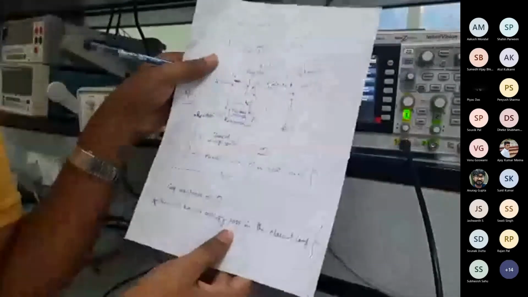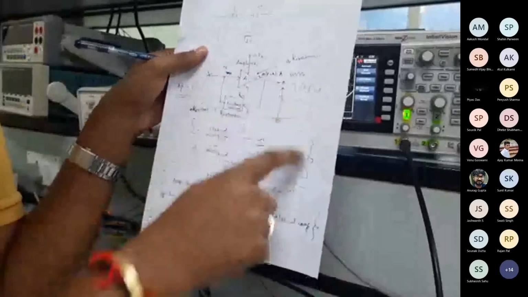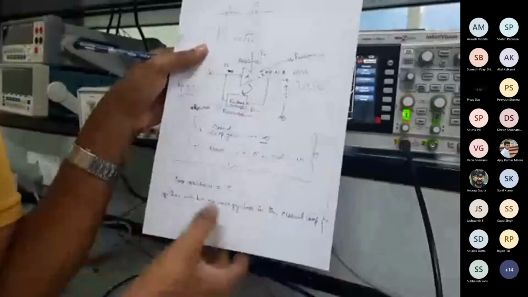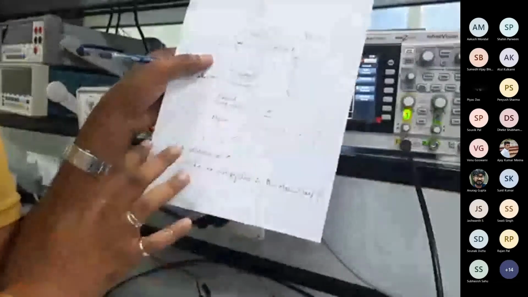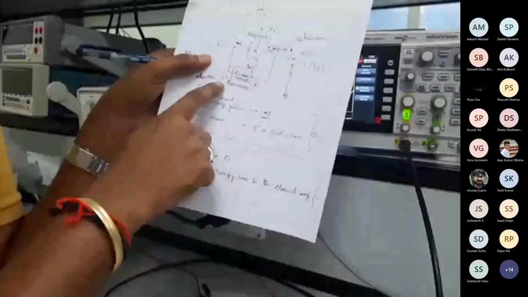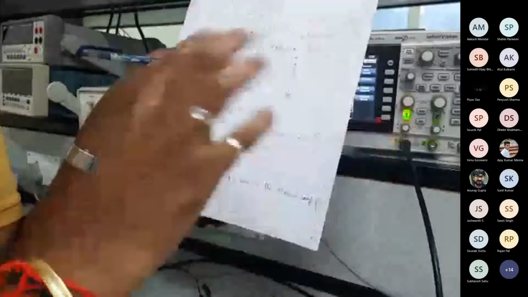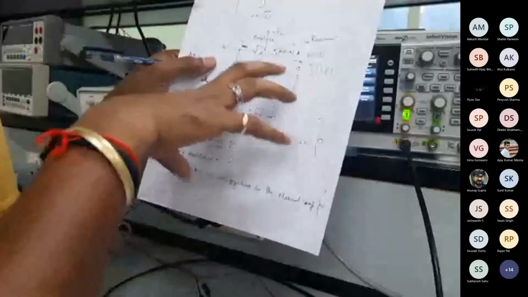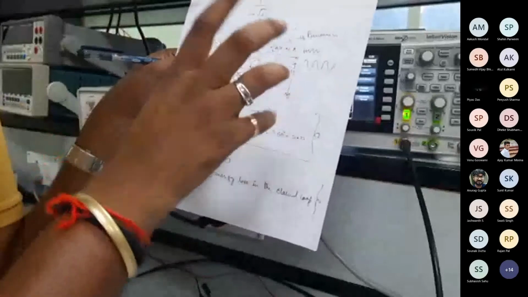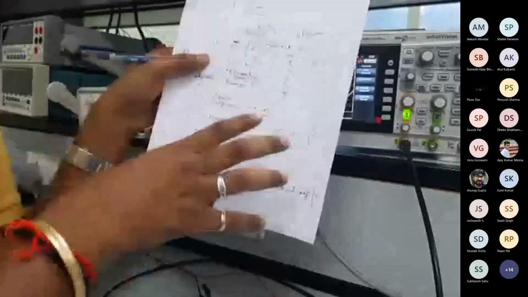But if we are looking at the loop gain and the loop phase, this condition should be met. If we are looking at the loop impedance, the feedback network will provide some positive impedance. There will be some C and L or quartz, I mean piezoelectric material, so it will provide some finite impedance.